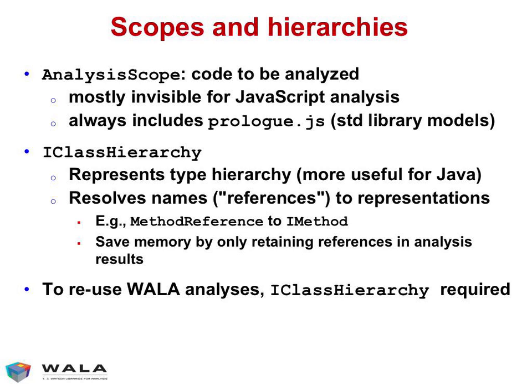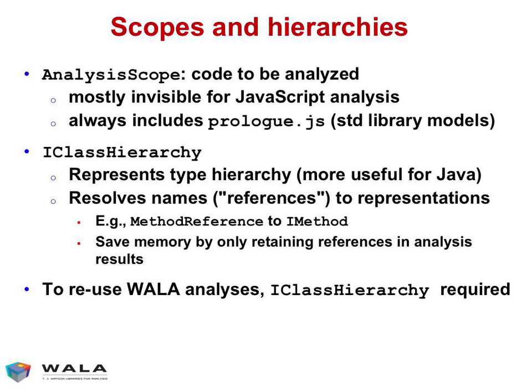So the other key type here is this I-class hierarchy, which does what you would expect in terms of representing a type hierarchy. And clearly this is coming from the Java world. This is very useful for Java where you have classes and subclassing. That aspect of it is less useful for JavaScript. But it also serves another important role, which is that it's via the class hierarchy that you resolve names for different code entities like methods or fields to their actual representation.